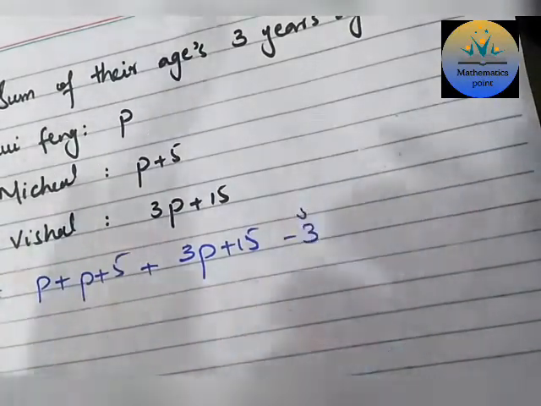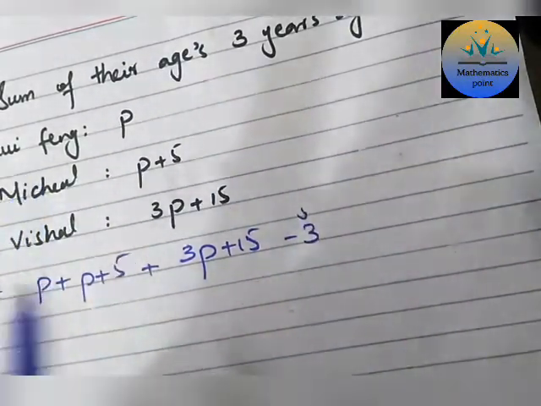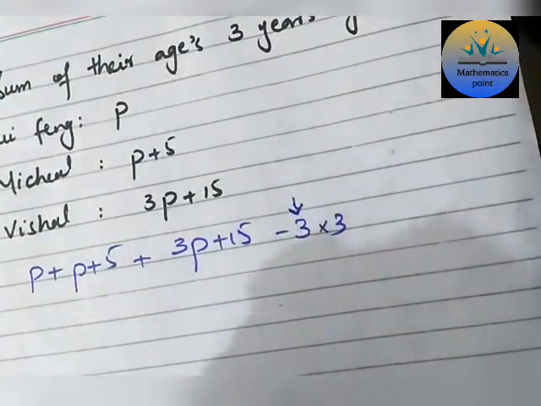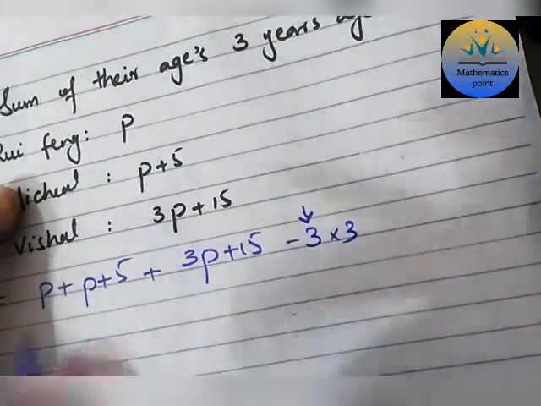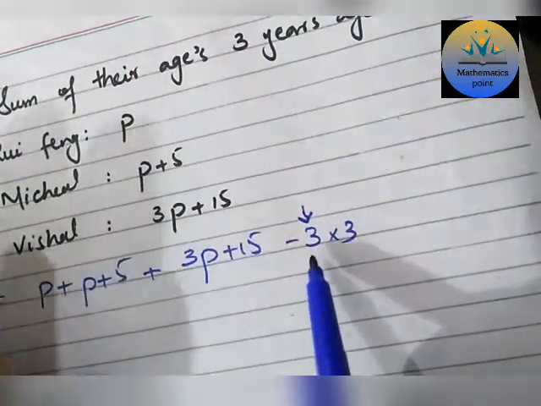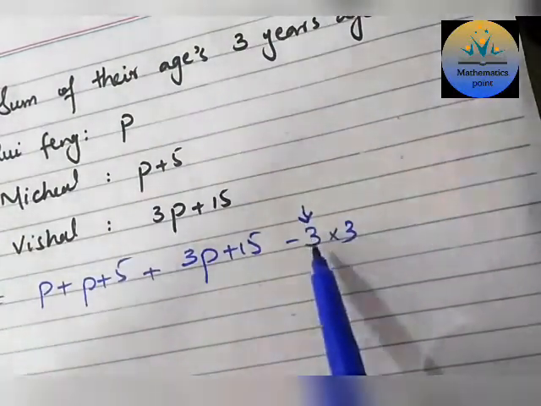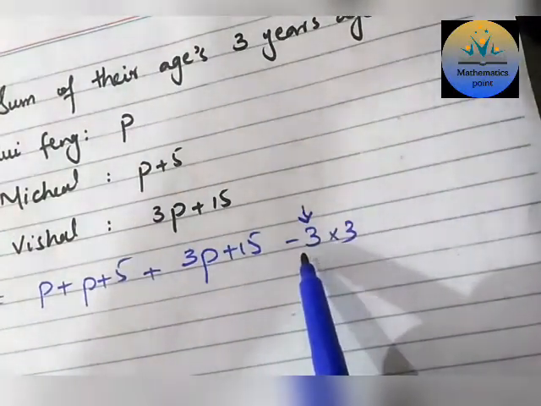Then how many persons do we have? 1, 2, 3 persons, so 3 multiplied by 3. I hope this step is clear: they are talking about 3 years ago, that's why we write 3 here. And as the word ago means the thing has passed, we choose minus 3.